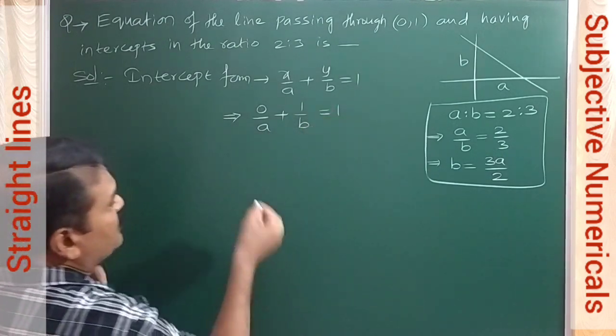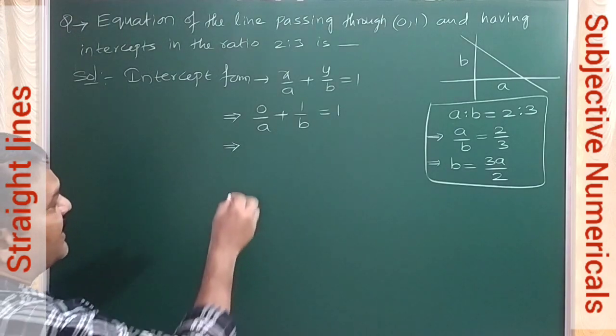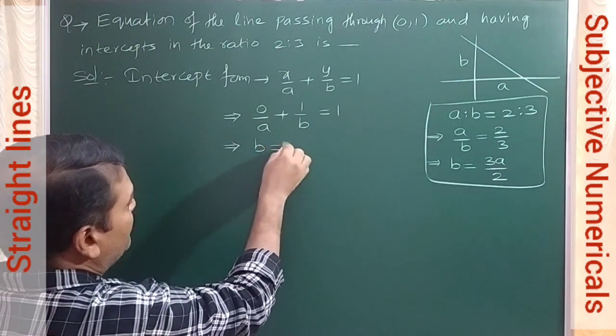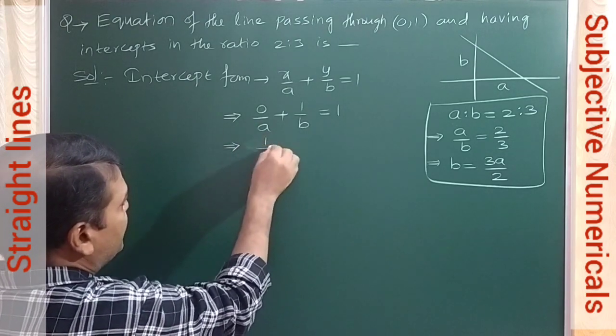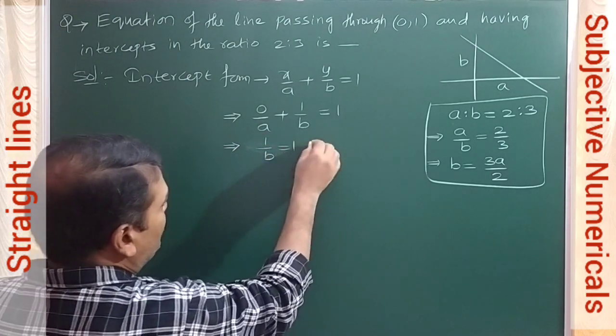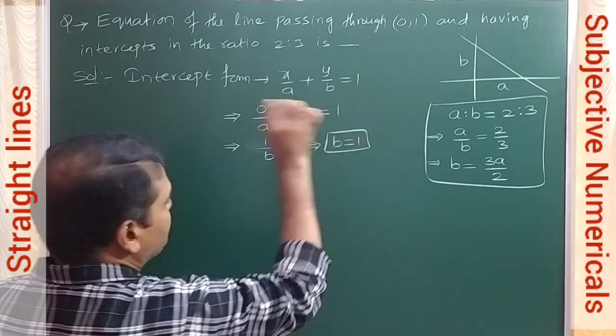Okay, so what we are getting now? So 0 plus 1 by B is equal to 1, which means B is equal to 1.